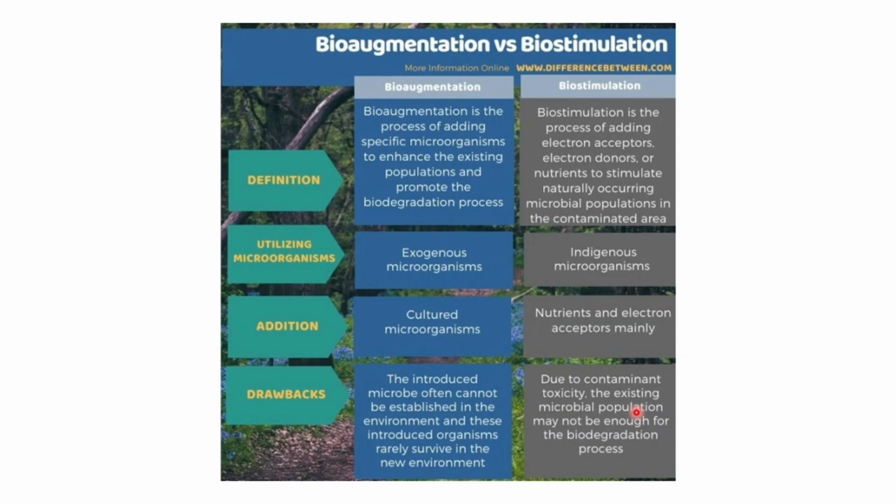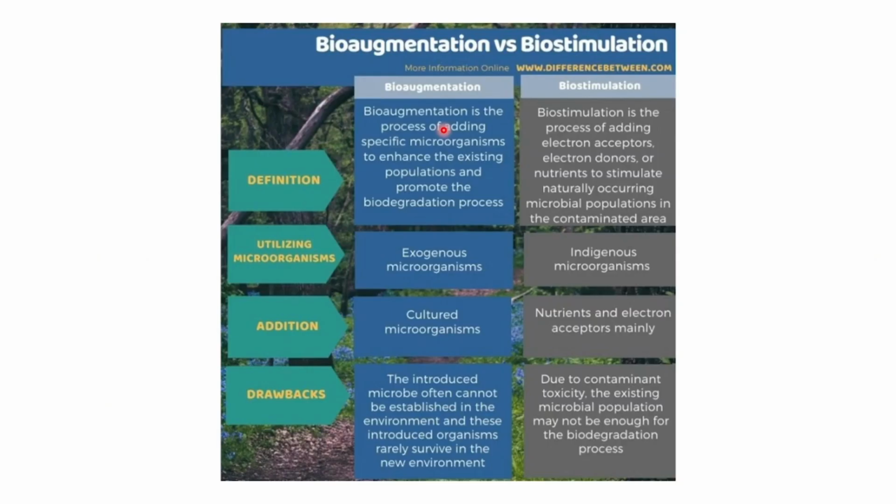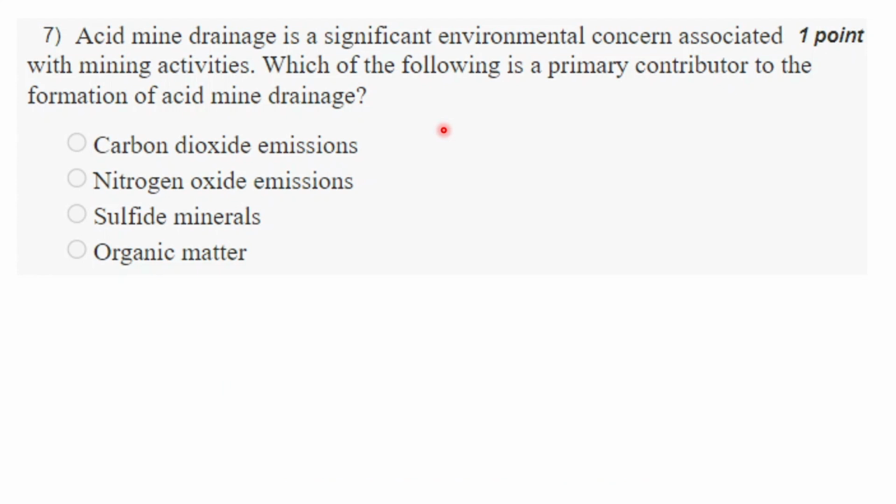The existing microbial population that results might not be enough to curb the contaminant toxicity. So these are the differences between bioaugmentation and biostimulation. So you were correct. Injecting bacteria into an oil spill is the correct answer, because it's not an example of biostimulation.